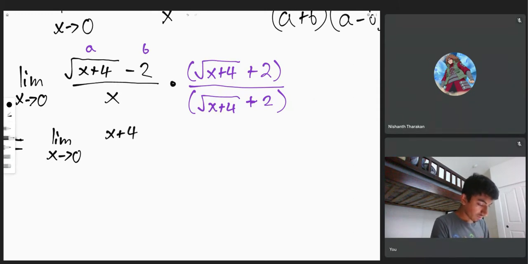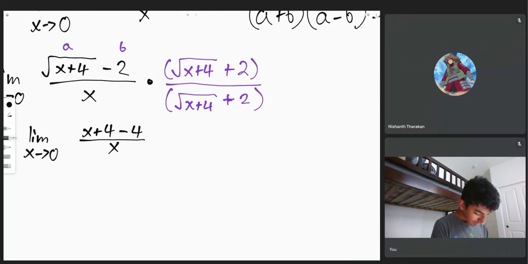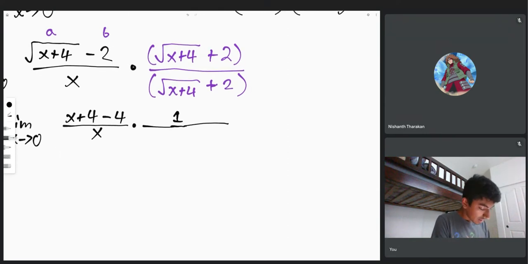And the square of 2 is going to be 4. So we do minus 4, because of the difference, divided by x. But we also have this denominator from before. So, okay, that doesn't look right. Let me just change that to a better looking one. There we go. Fancy looking one. And now we have to account for this bottom part: root x plus 4 plus 2.